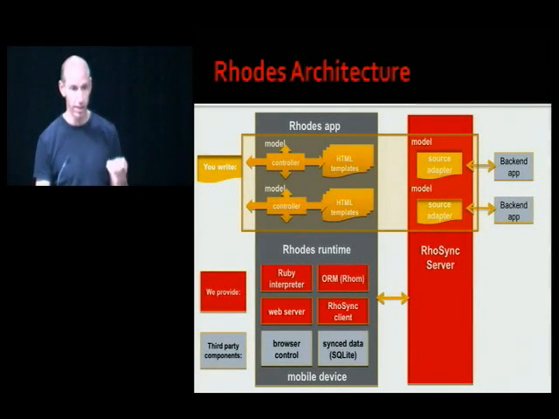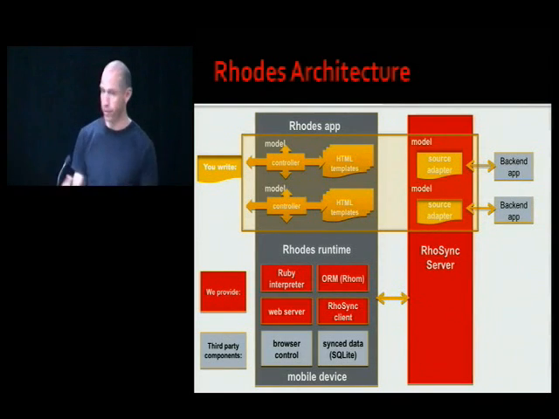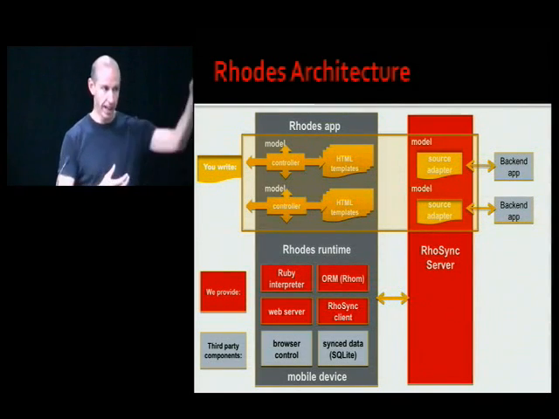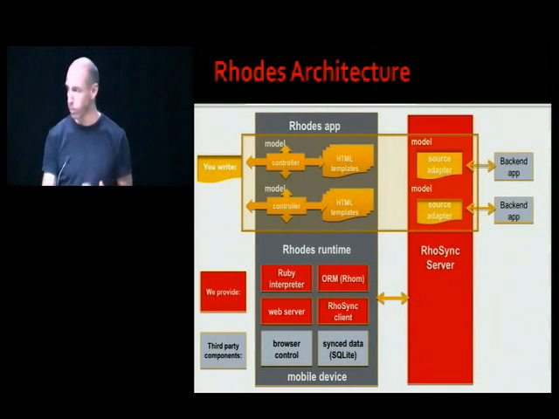But if you want to use RhoSync to sync up, you write what we call a source adapter, and that's this class that has the 6 methods. In this example, I had an app that has like 2 objects in it. That's another thing that Rhodes apps are good for, if you want to do a mobile mashup where you're maybe getting data from different sources.